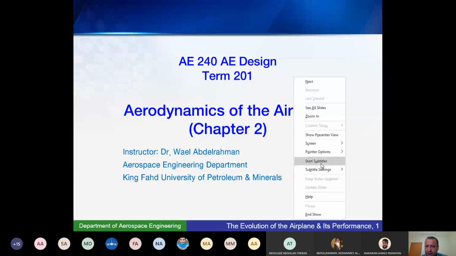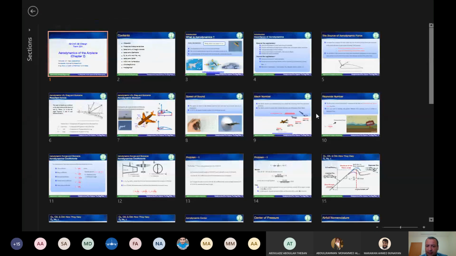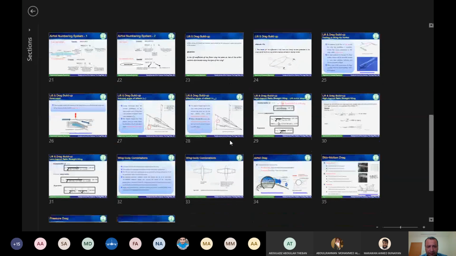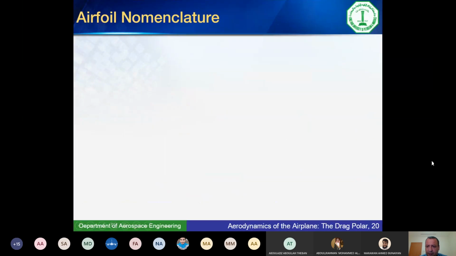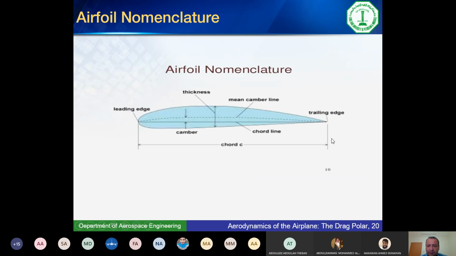It's important that you be familiar with these families because you will pick from them. In 4 or 5 weeks, when you design the wing, you will say, I will pick airfoil 0014, or a certain airfoil. So you should be familiar with them, because you cannot pick something if you don't understand what they are.